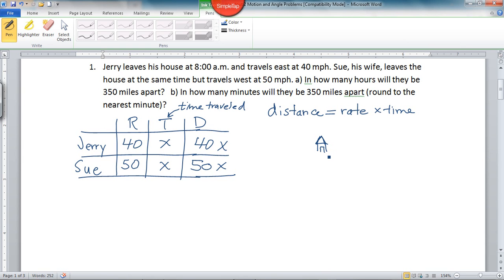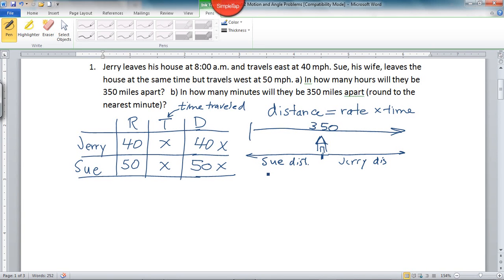And Jerry, well, he's traveling east. And then Sue, well, she's traveling west, a certain amount of distance. So here's Jerry's distance, and here's Sue's. What we want is that total distance to be 350.